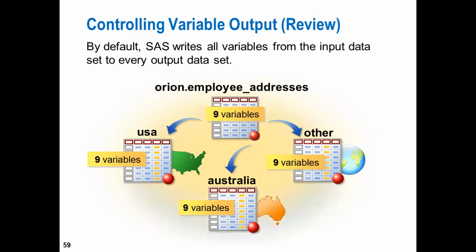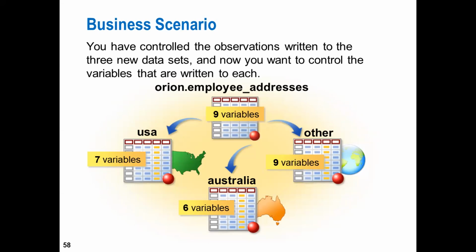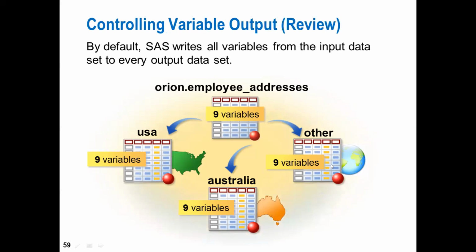So we know by default, whenever data is read from an input source, the output data which is created by default selects all the variables. But now we do not want all variables in the data sets. We want the variables in this requirement: USA will have 7, Australia will have 6, others will have 9.